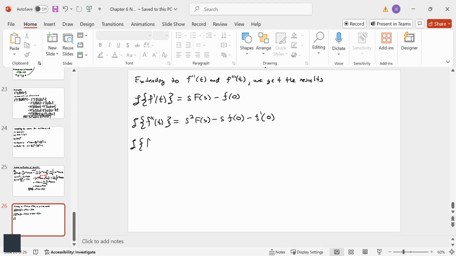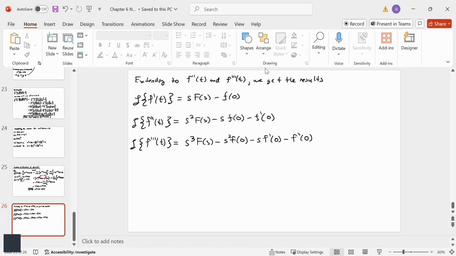And then if we do the third derivative, I think the pattern really starts to emerge. S cubed F of s minus s squared f of 0 minus s f prime of 0 minus f double prime of 0. So as I'm going down, the s variable starts off at the level of whatever the derivative is, and then it's going down by 1.